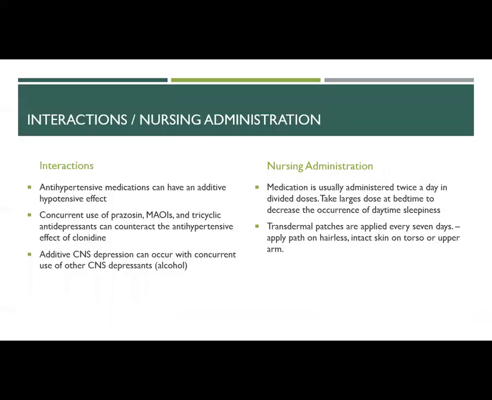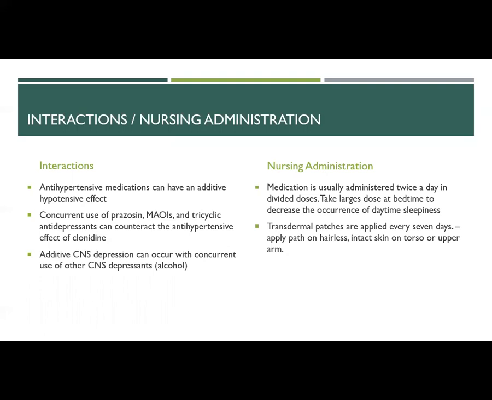So these are some of your interactions and nursing administration. Like with most of our interactions, antihypertensive medications can have an additive hypotensive effect. So basically, if I give two antihypertensive medications together, then it's more likely that my patient is going to have hypotension.